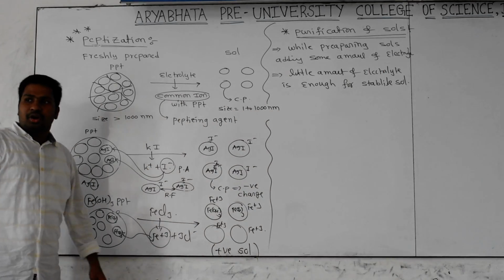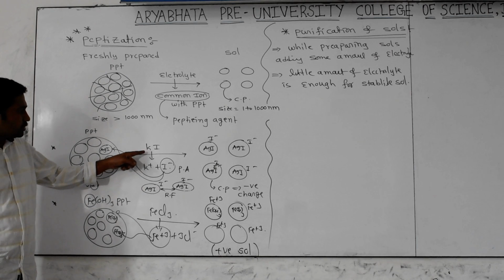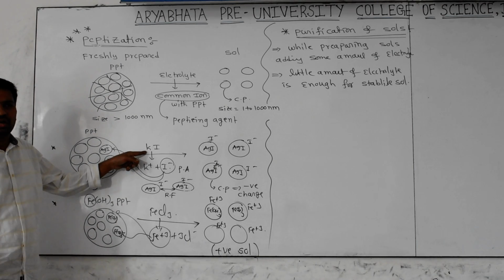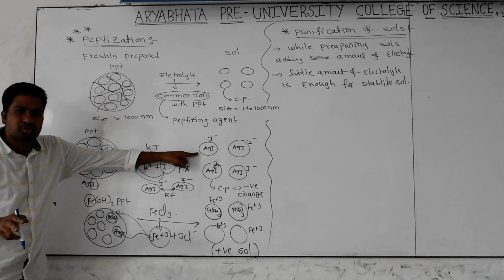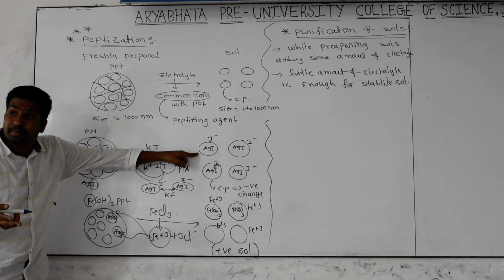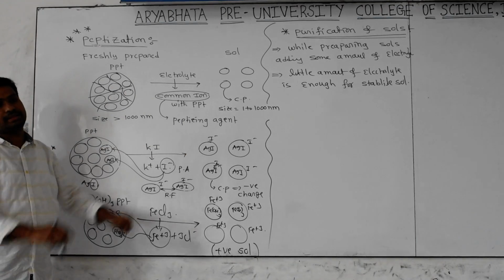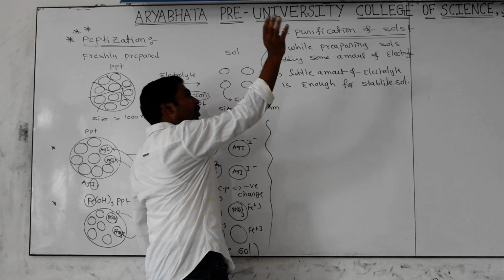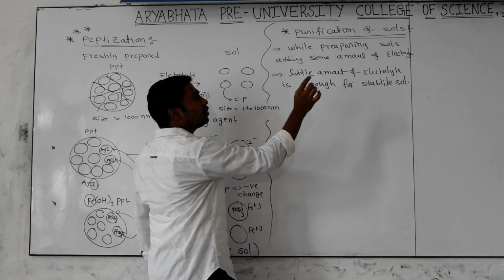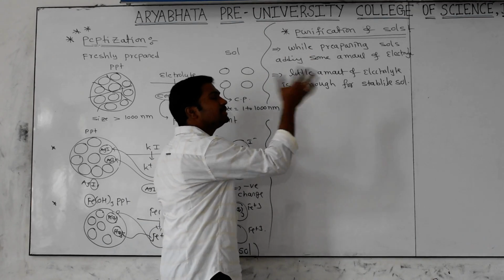For example, you are adding 5 grams, but just 2 grams is enough to form a sol. The remaining 3 grams will be excess, and it causes damage. So of the electrolyte you add from outside, a very little amount is enough for stabilizing the sol.